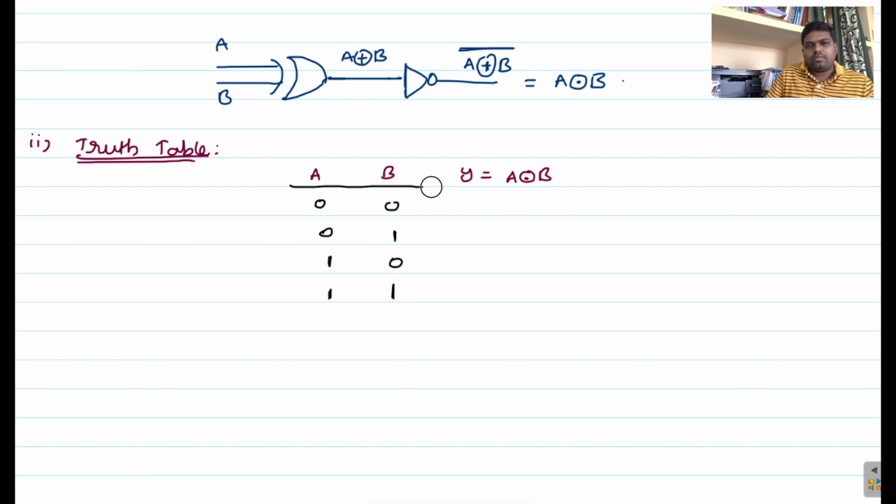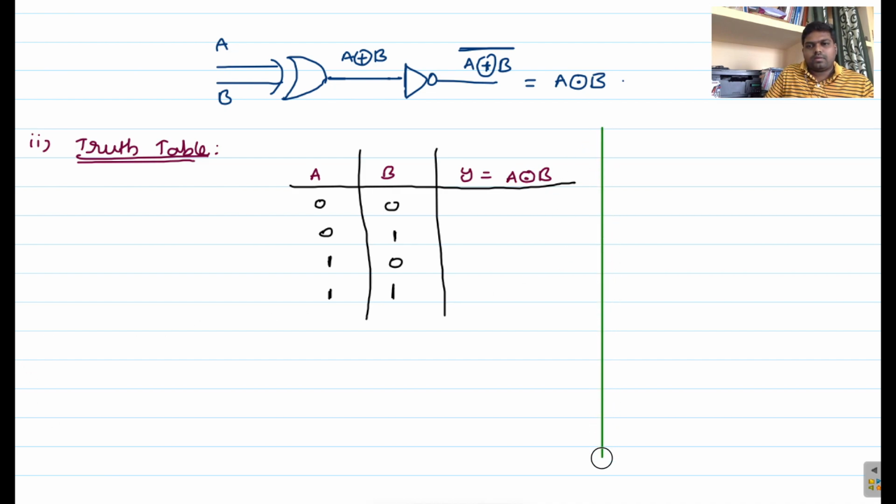These are the four possibilities. Now here you can observe one thing. So a XOR b equals what? a b bar plus a bar b.